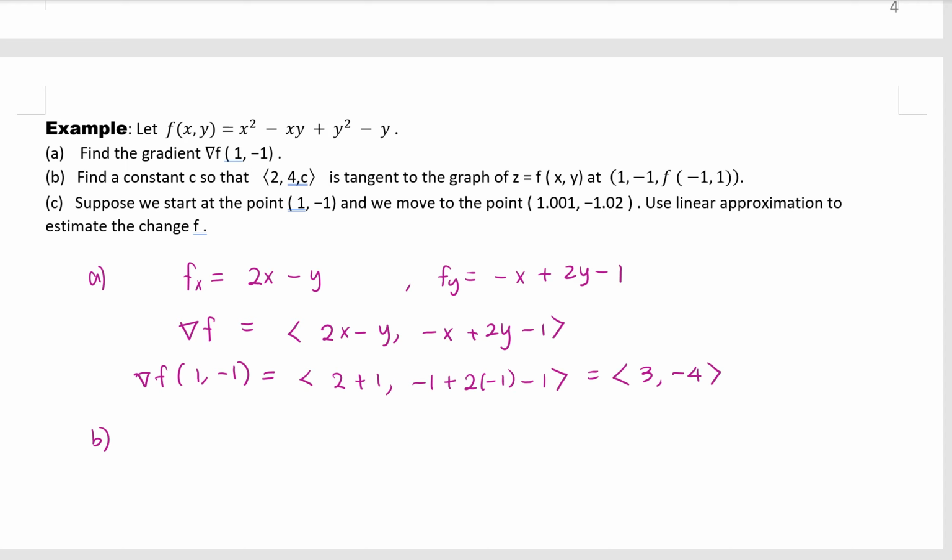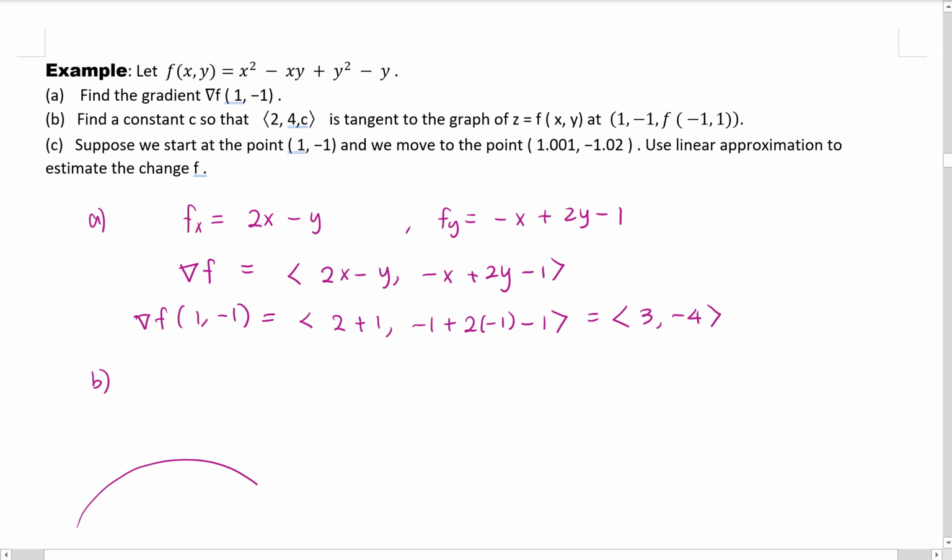Part B, find the constant c so that the vector (2, 4, c) is tangent to the graph of z at the point (1, minus 1, f(1, minus 1)). What do we do here? Let me draw a picture.